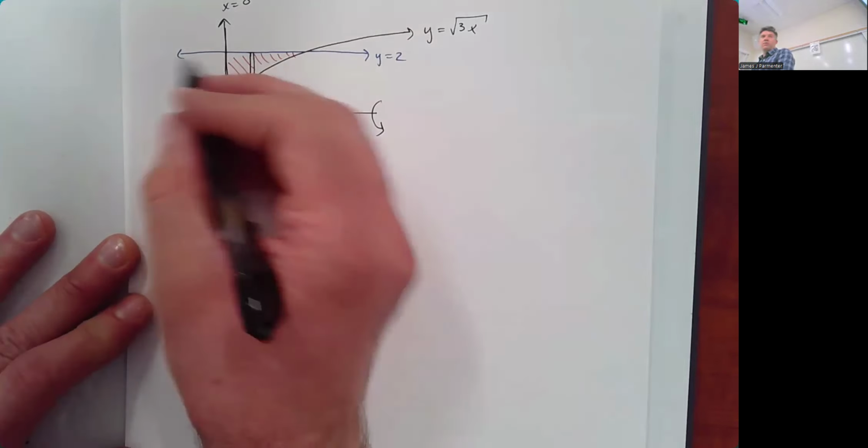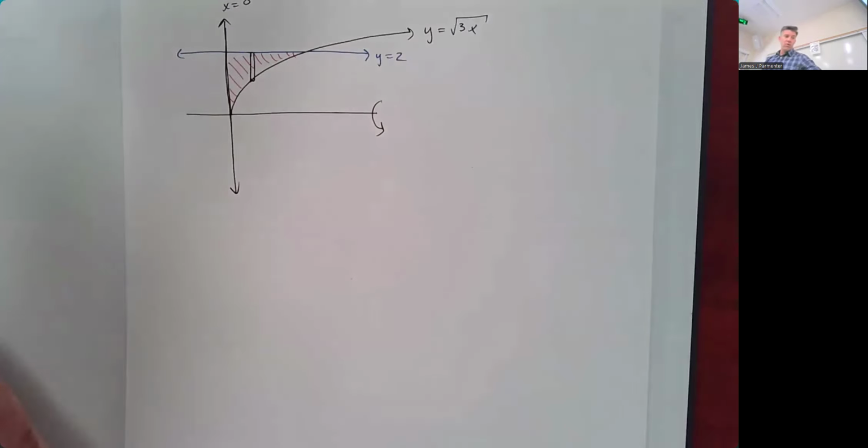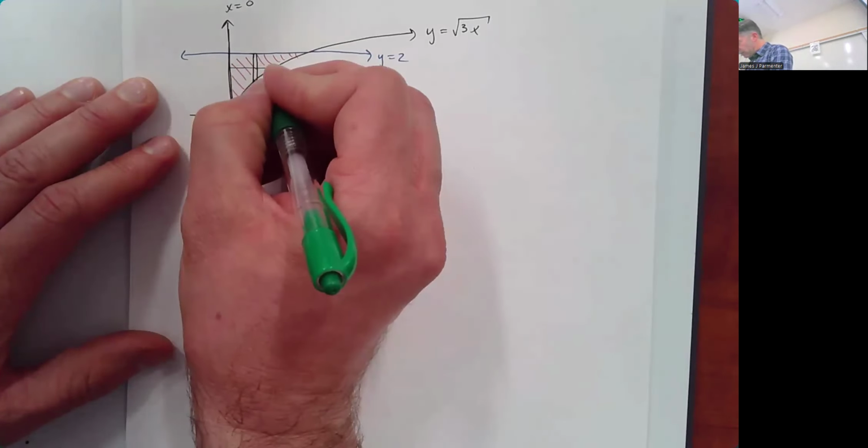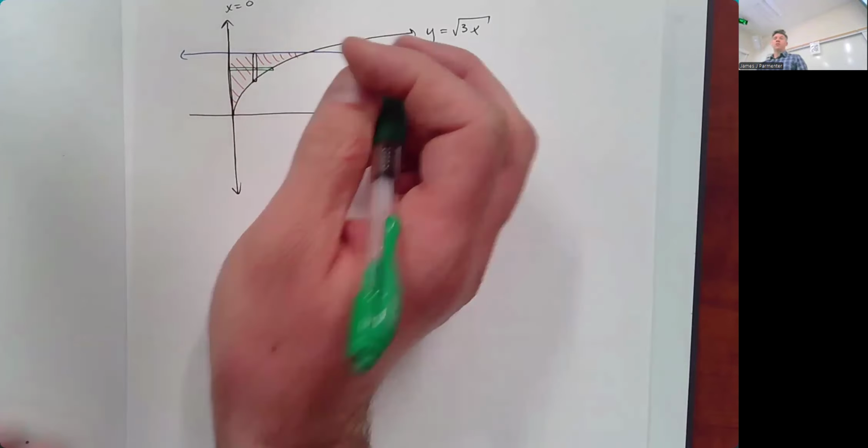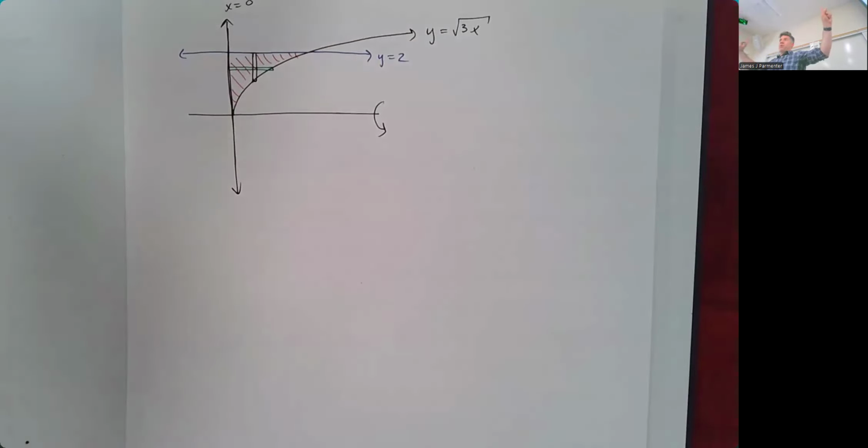The top of the strip is always this y equals 2 function. Or if I drew a horizontal strip, the left side of the strip is always x equal to 0. The right side of the strip is always this square root function. So as long as the ends of your strip are always the same, no matter how high or low you draw, or no matter how far left or right you draw, either choice is good.